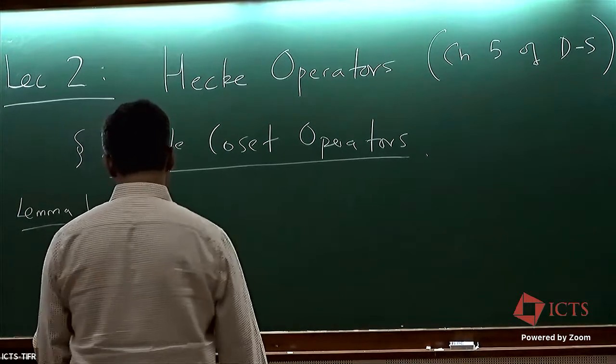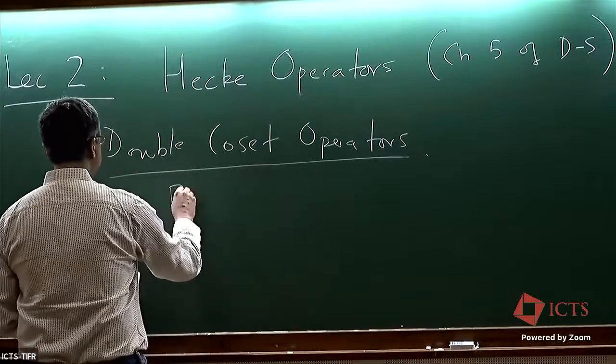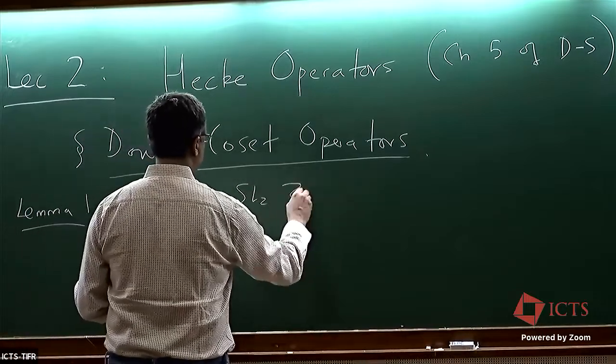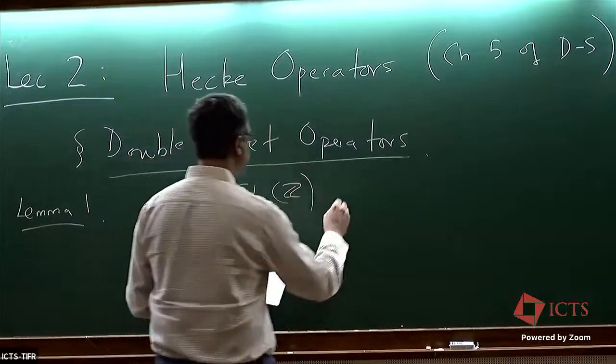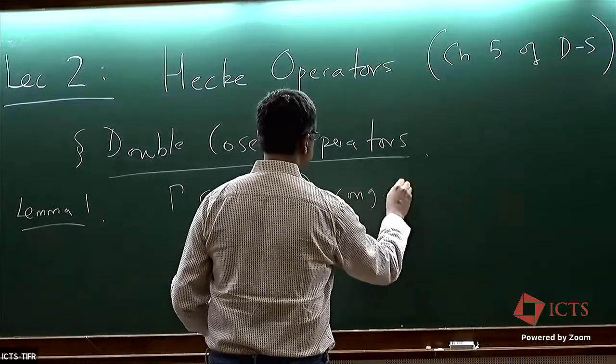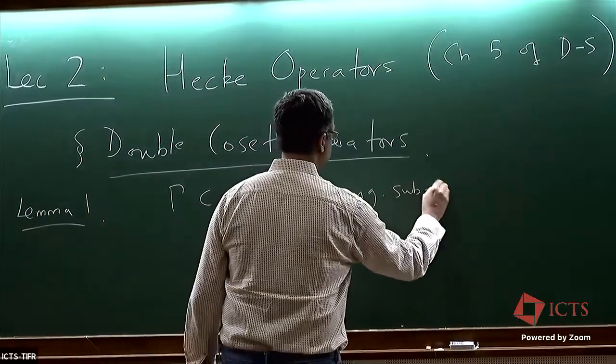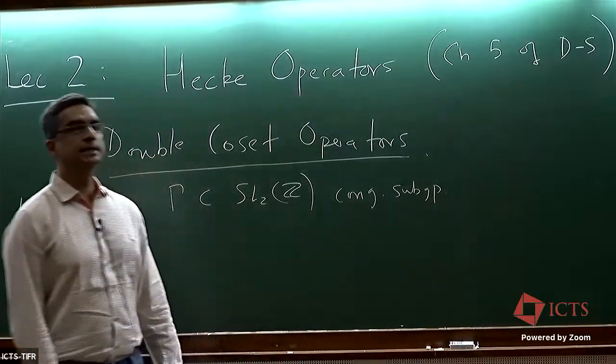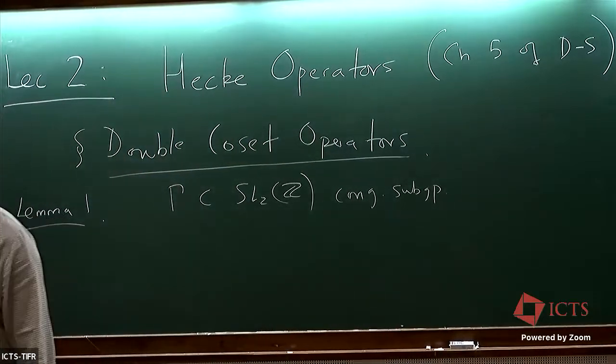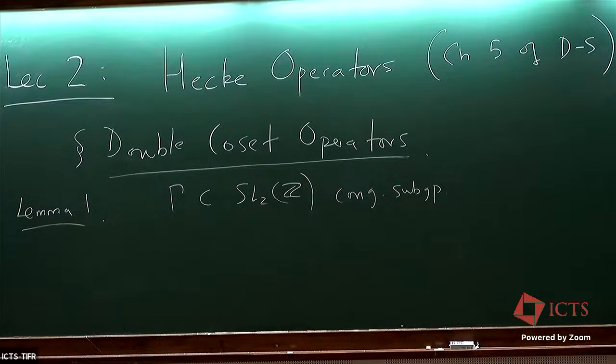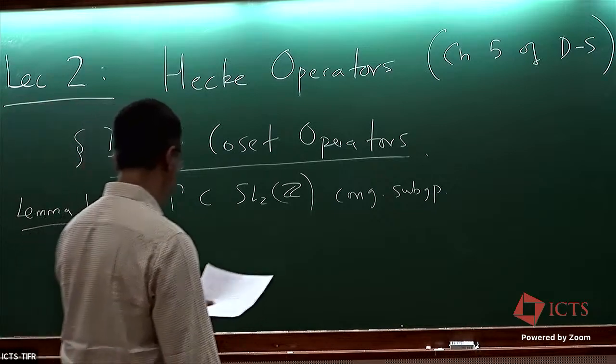So let's do this. Suppose gamma is a congruence subgroup. Congruence subgroup I didn't define, but it just means a subgroup of SL2Z which contains some gamma N, the principal congruence subgroup of level N that I defined last time, for some capital N. In particular, it has finite index.